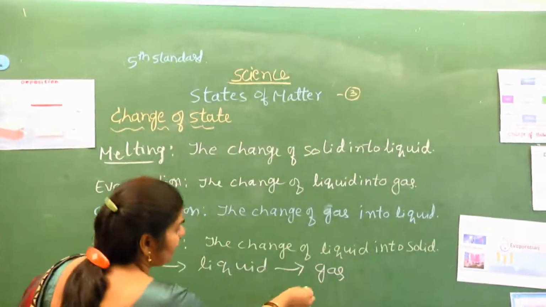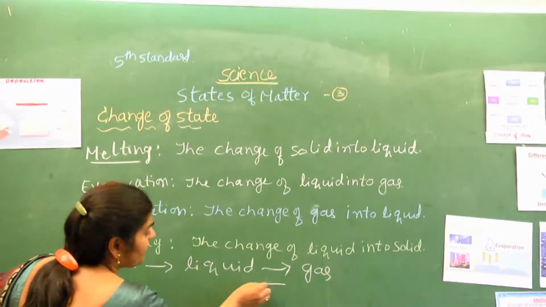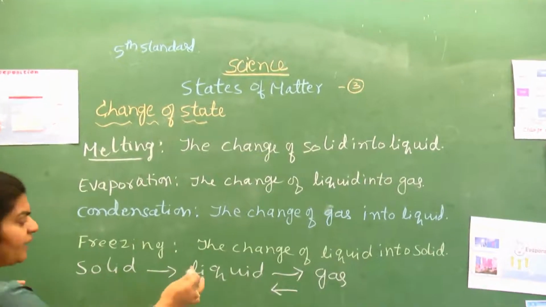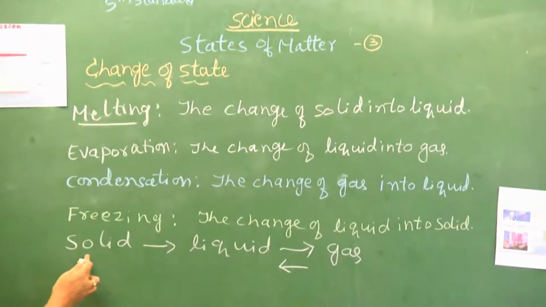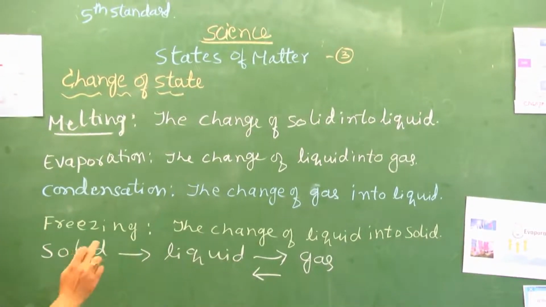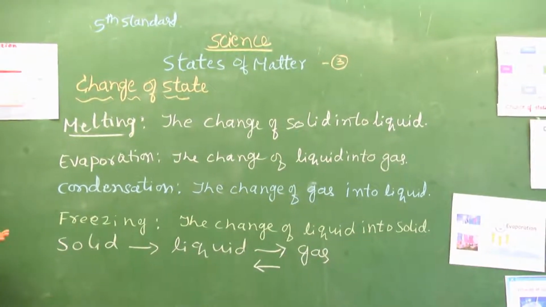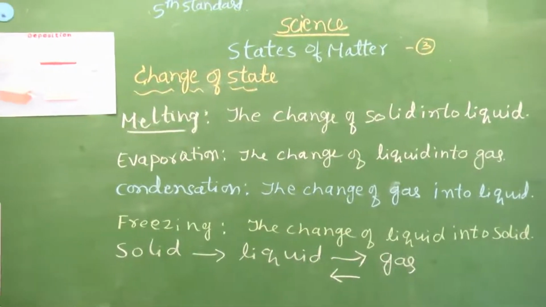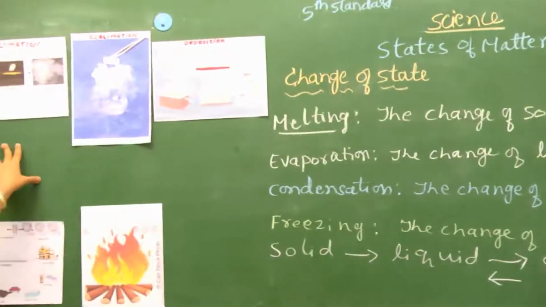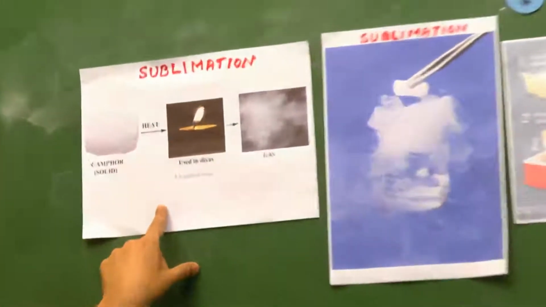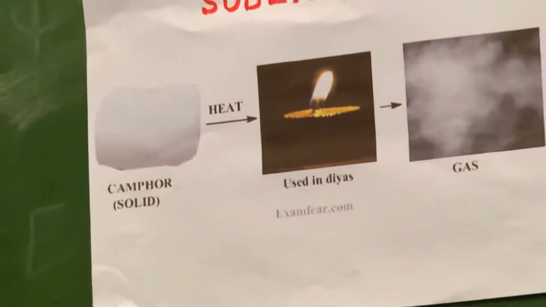In the same way, when the gas cools, it gets converted into liquid, and when the liquid cools, it gets converted into solid. So these three states change in order, but there are some processes we will see, called sublimation, and the next one called deposition.